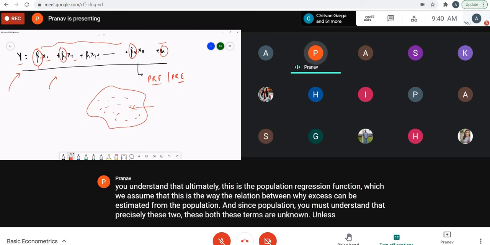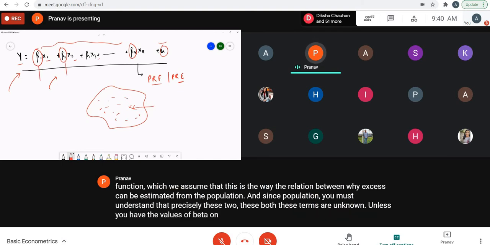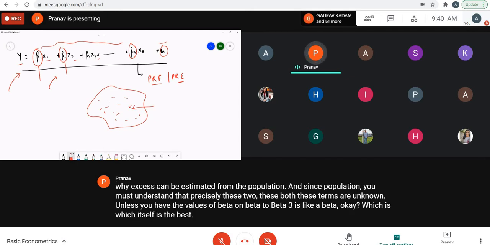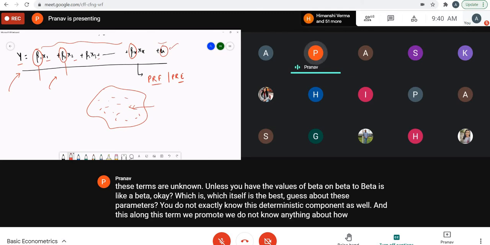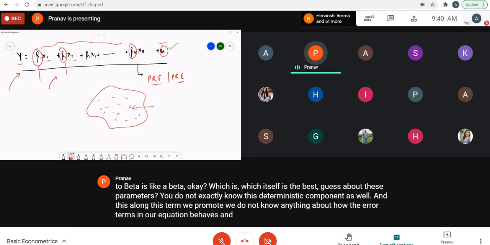Unless you have the values of beta 1, beta 2, beta 3 till beta k, which itself is the best guess about these parameters, you do not exactly know this deterministic component as well. Along with this, we do not know anything about how the error terms in our equation behave, and that's why all the assumptions are there for the error terms.